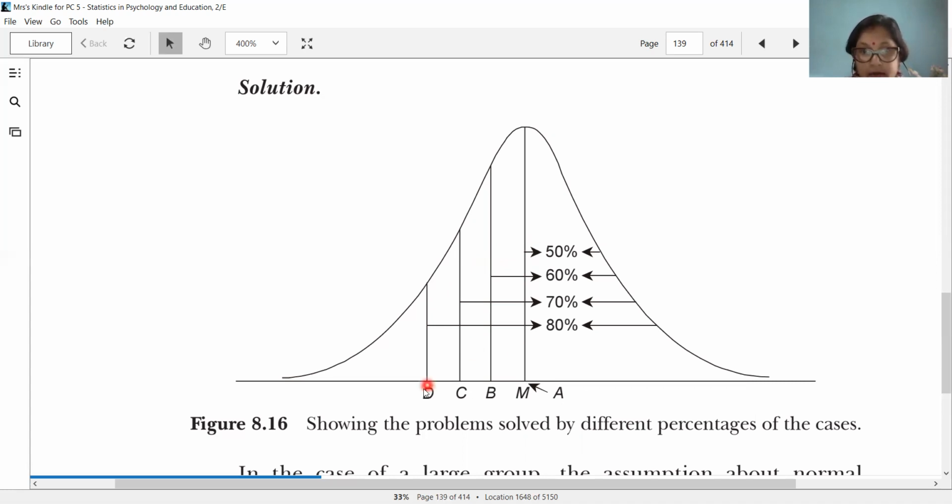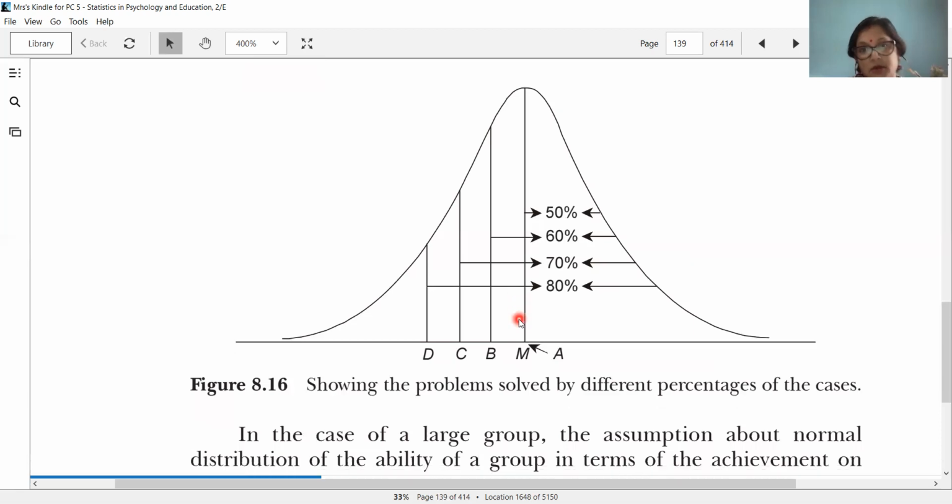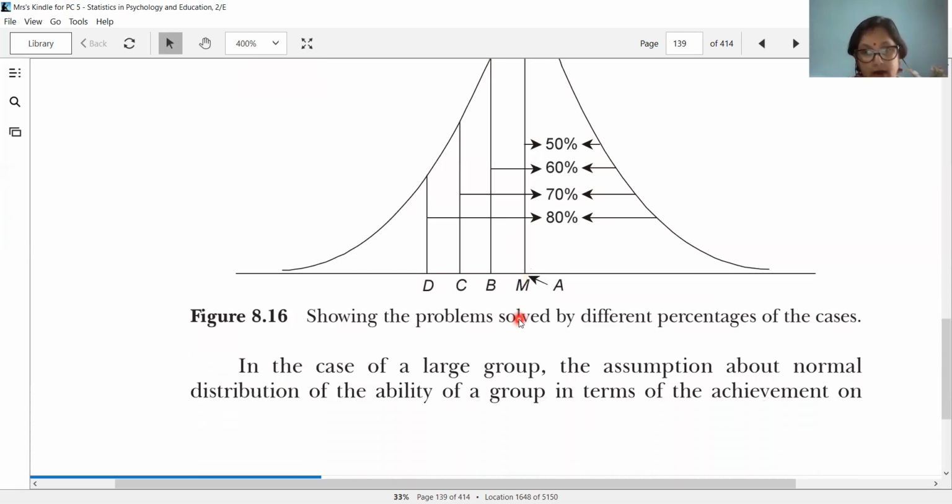Then problem D is solved by 80% of a particular group. Added means on this side we will have the positive, the higher number of students. So it is the concept pertaining to the normal curve.